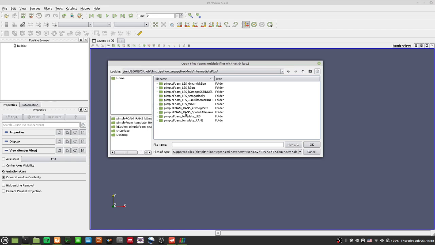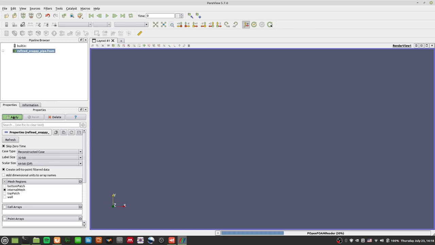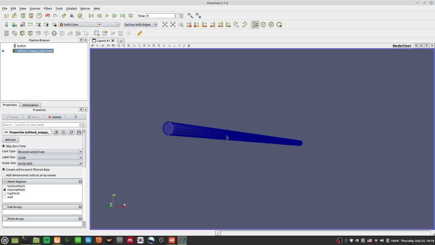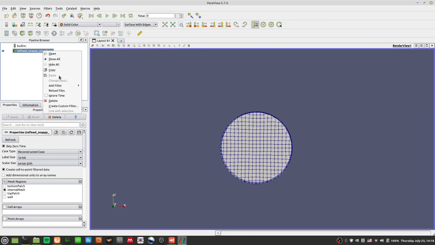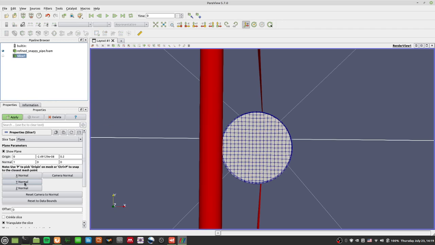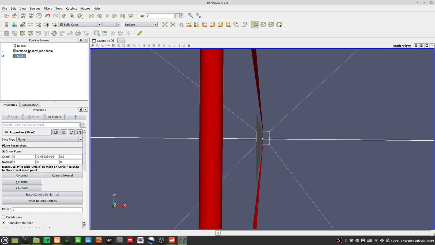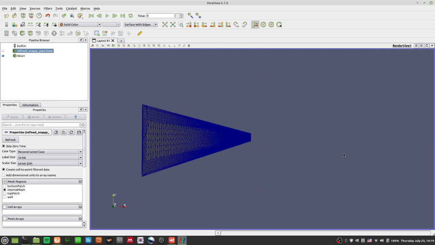Okay, so I'll go to this Spalart-Allmaras. You should be able to see. Okay, and if we take a look at the surface with edges, and let's insert a slice plot with this normal, and I'll use surface with edges, then you can see what the mesh is like.